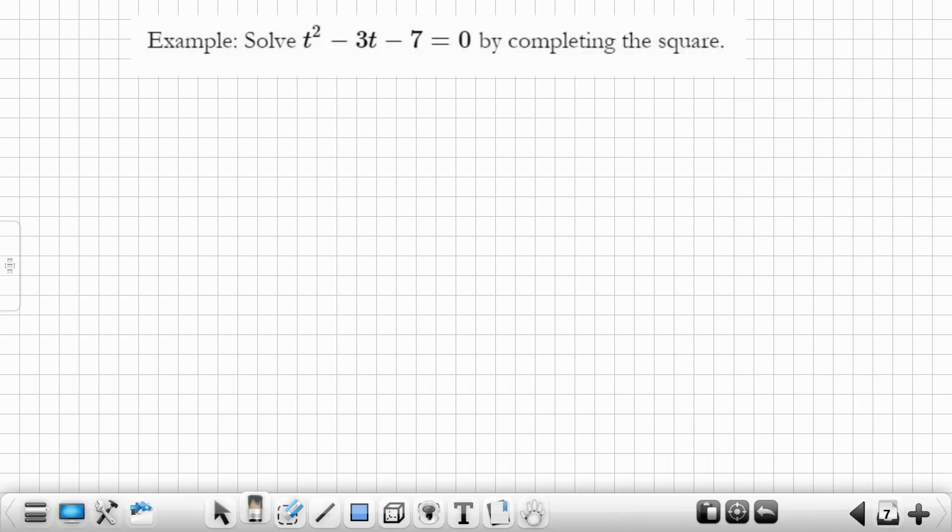Sure. So that's 37 fourths. Right, so but you don't want the 4 over here, so this would be 37 fourths. Don't use decimals, guys.